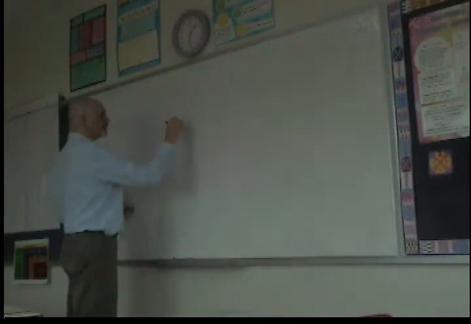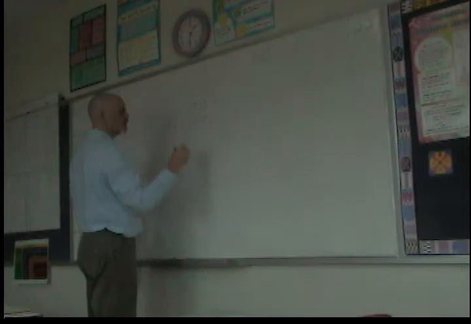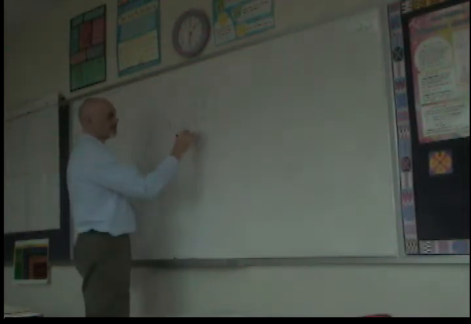Okay, so let's do this. The area is going to equal 1/2. What's coordinate A? (0, 0). What's coordinate B? (3, 0). Coordinate C? (1, 2).